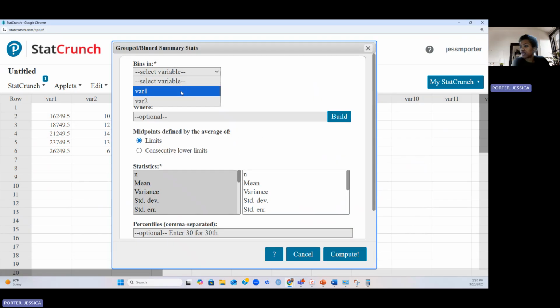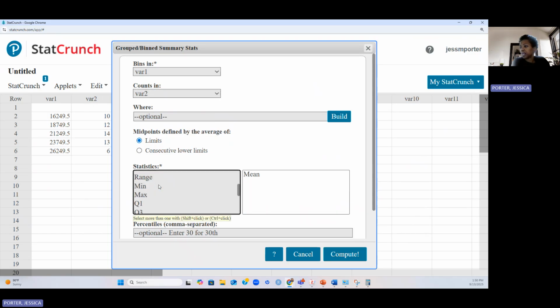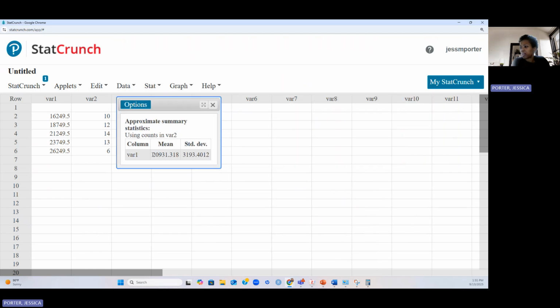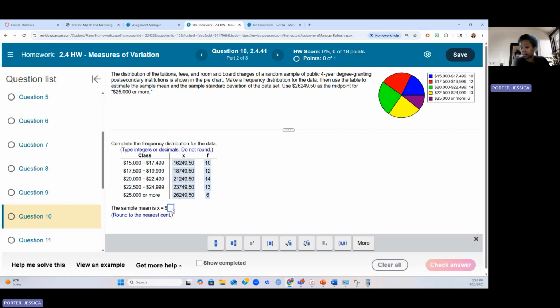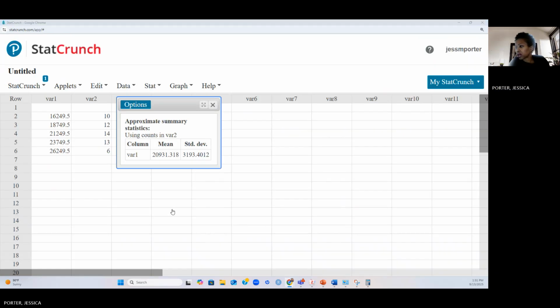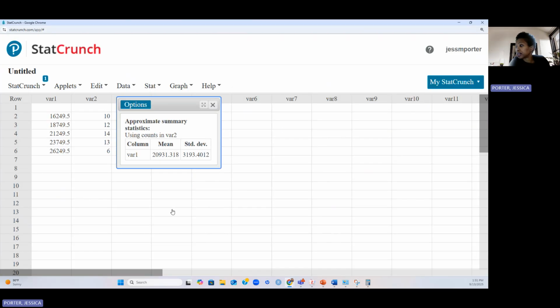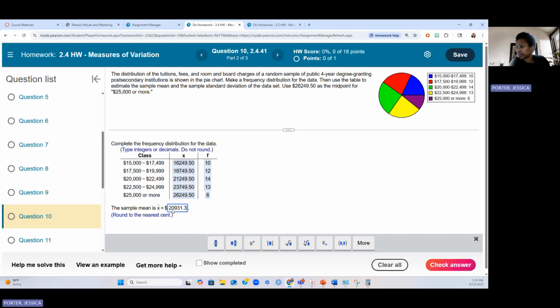The bins are in Var 1. My counts are in Var 2, meaning variable 1 and variable 2. And I want the mean and I want the standard deviation, and compute. So I get those two metrics. My mean is 20,931 and 32 cents.